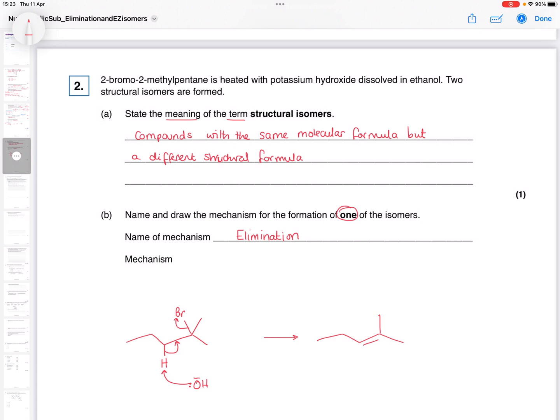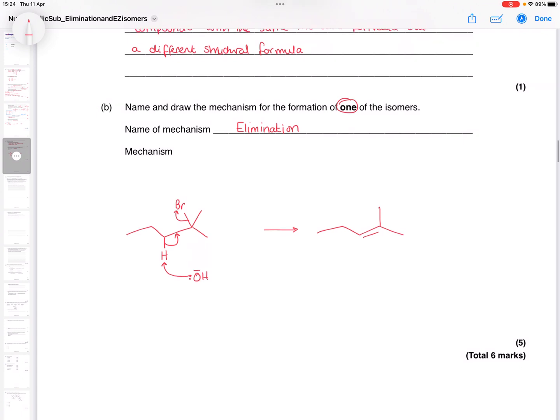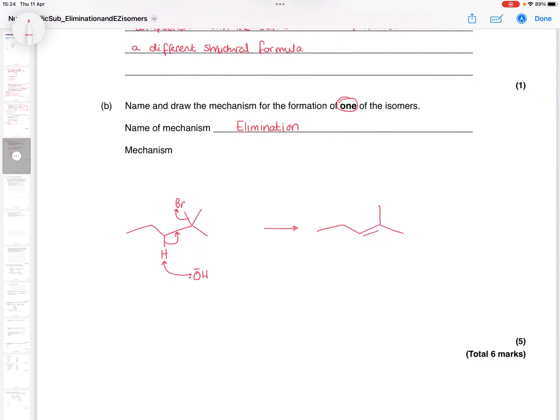You might have drawn a different isomer there. You might have drawn, we've got E and Z, so you might have drawn the E isomer, or you might have drawn the Z isomer. And you might also have drawn the lone pair at the end. Have a look.